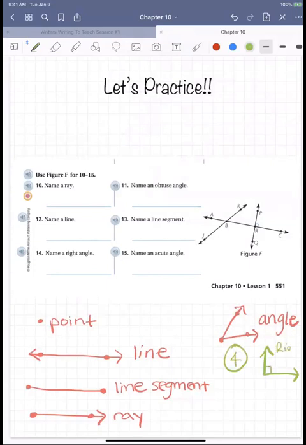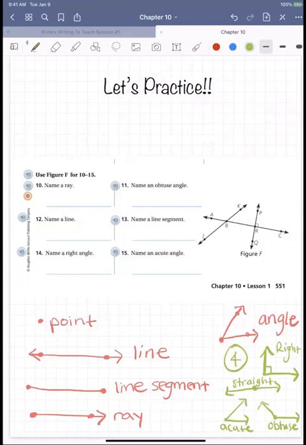We have our straight angle. We have our acute, which remember is smaller than our right angle. And we have our obtuse, which is bigger. Okay, so those are the terms that we learned today.